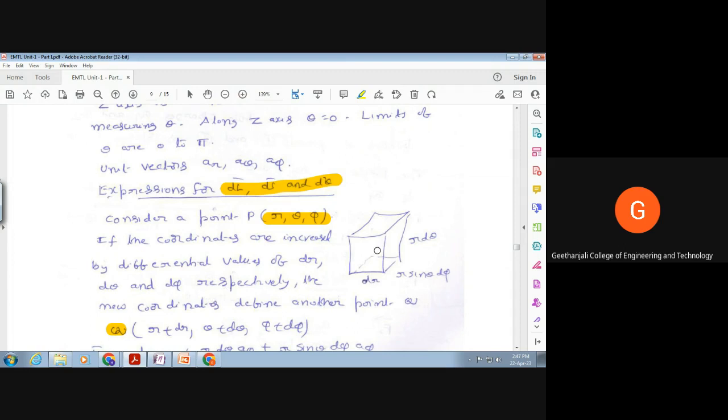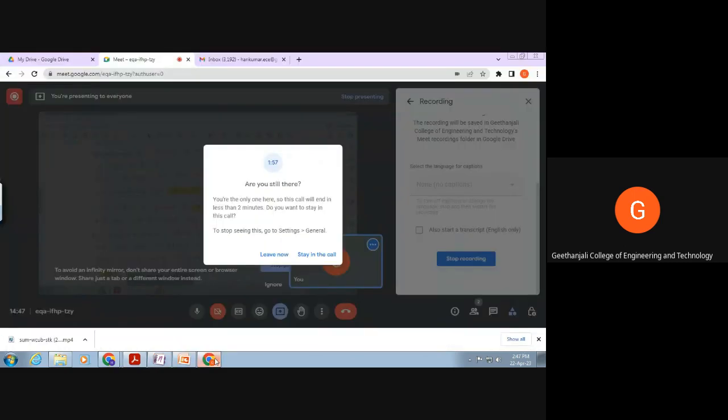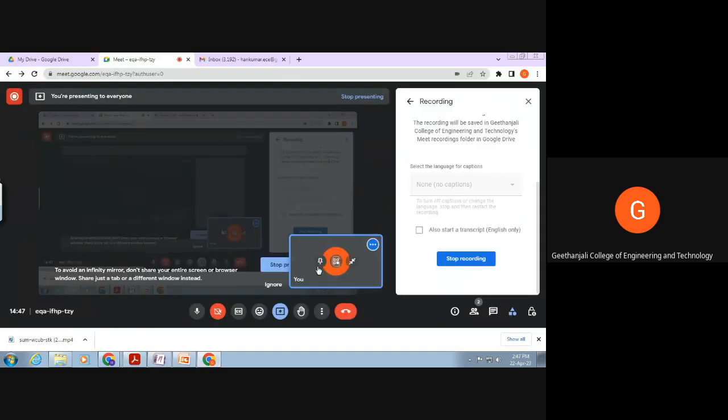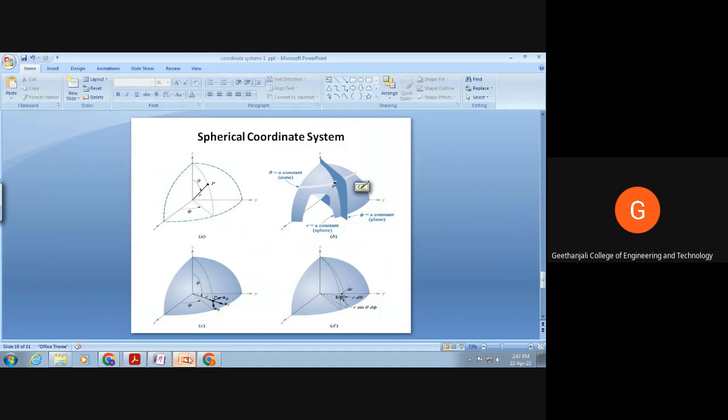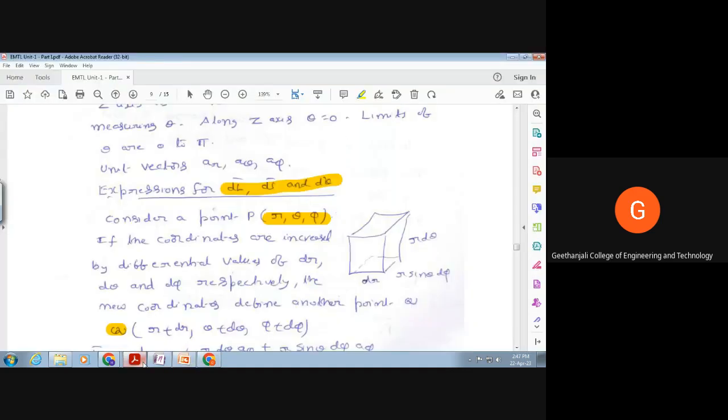So we get a wedge-shaped rectangular box with sides dr, r d theta, and r sin theta d phi.